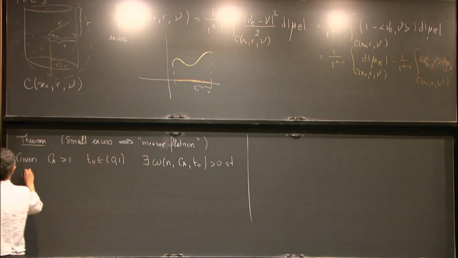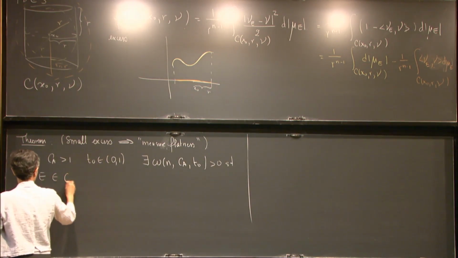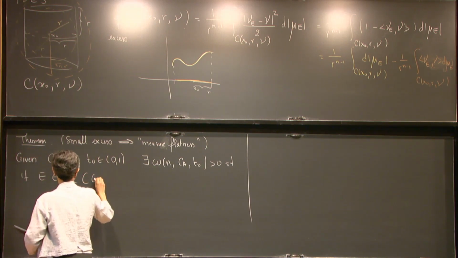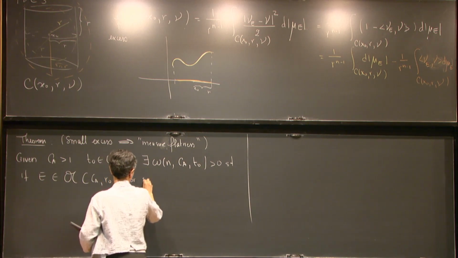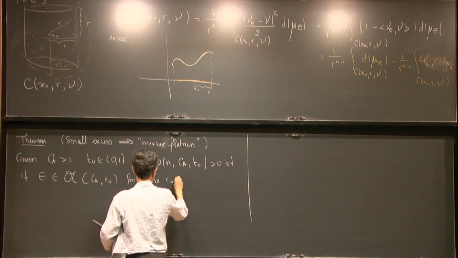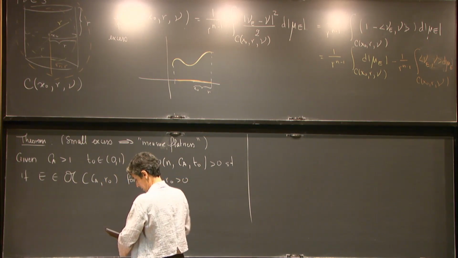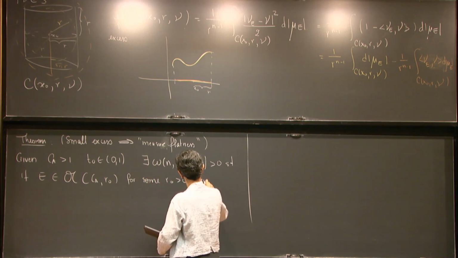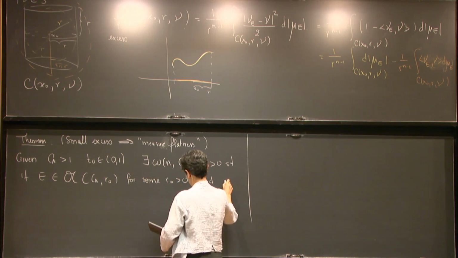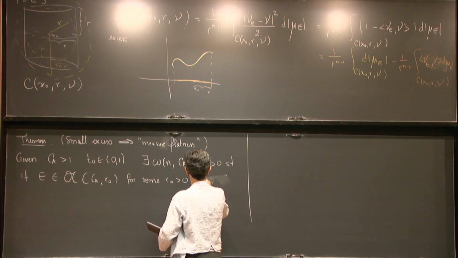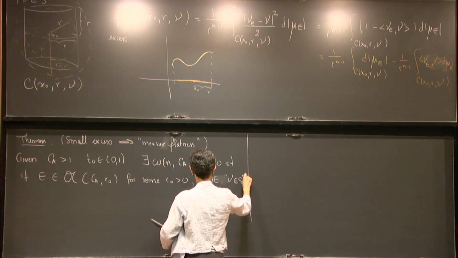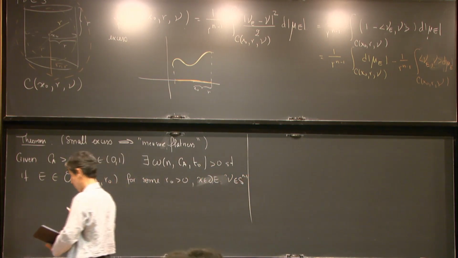if E belongs to C of A of CA, R0, for some R0 bigger than C, and for some x that belongs to the boundary of E, and some nu, I don't know which one, the following thing is true.